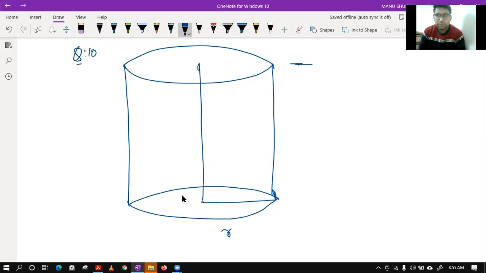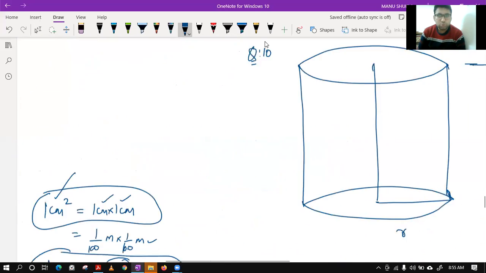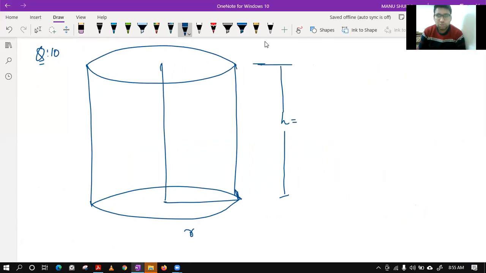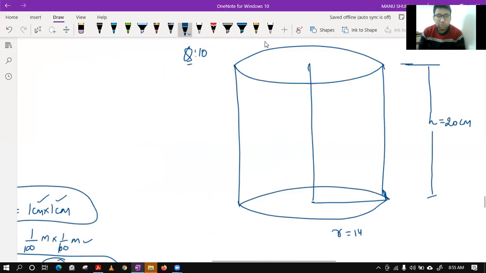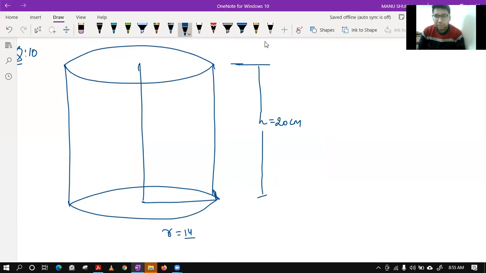Okay, this is the complete height of the given cylinder, that is equal to 20 centimeter. This is 14, and 14 is the diameter. So if 14 is the diameter, then the radius is 7 centimeter. Now they are saying there is a label that they are using.